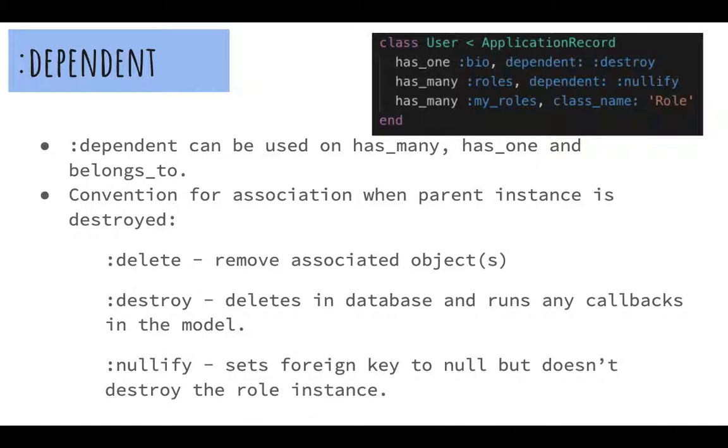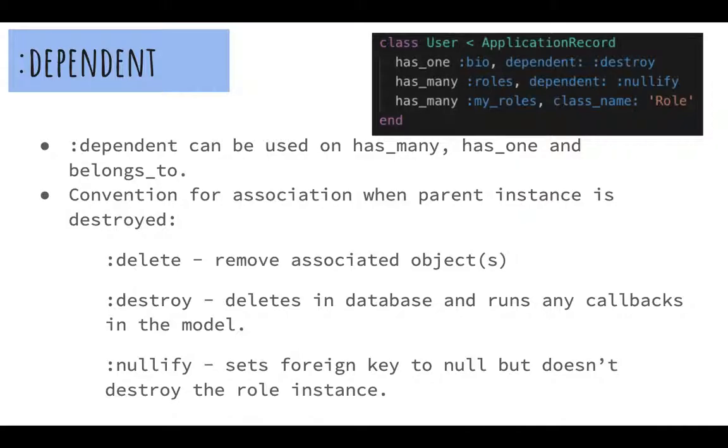We can also specify dependent, and this is something to be carried out after we've destroyed a user. So if we set one, we have to specify the other dependents. So user has_one bio, dependent: :destroy will completely destroy any bios on the user, so they won't be in the database.